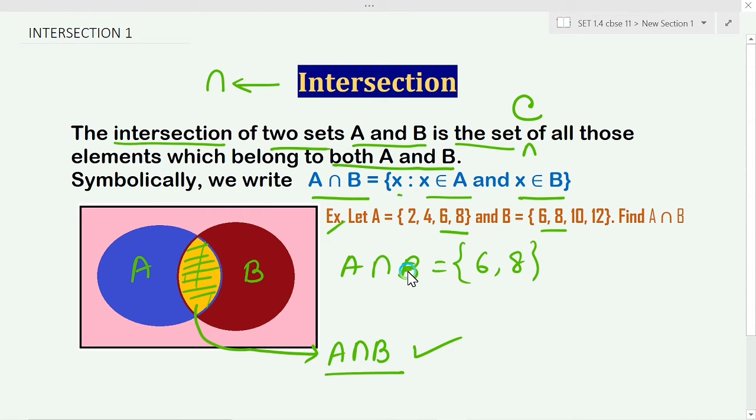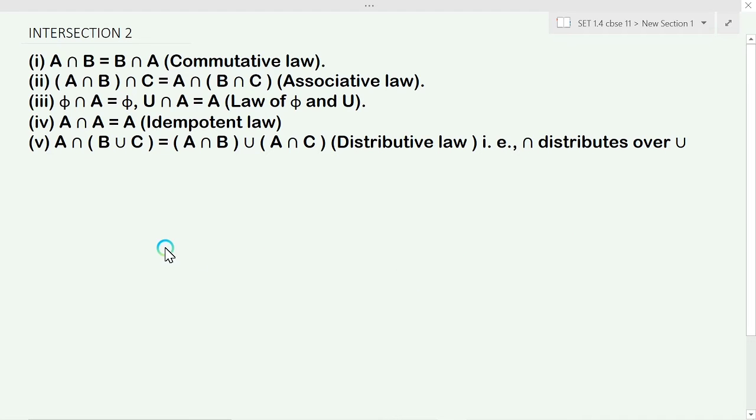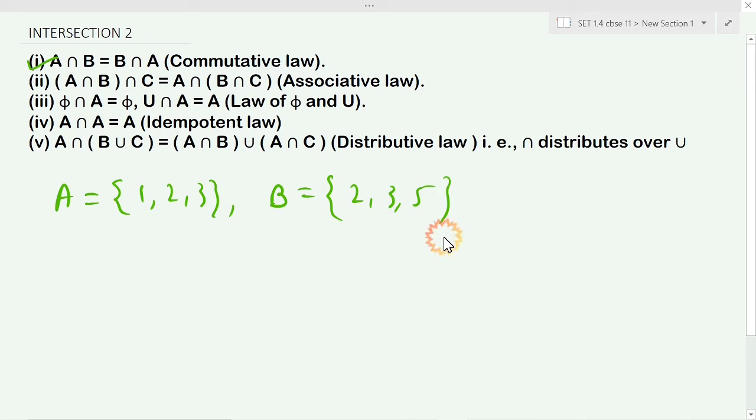Okay. So there are some properties of intersection also, like union. For the first property, we take examples: A equals 1, 2, 3, B equals 2, 3, 5, and C equals 1, 2, 5, 6.